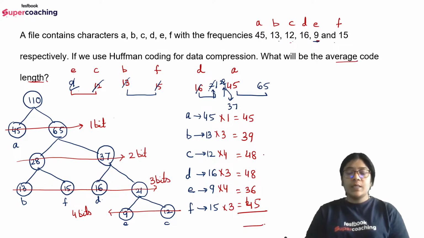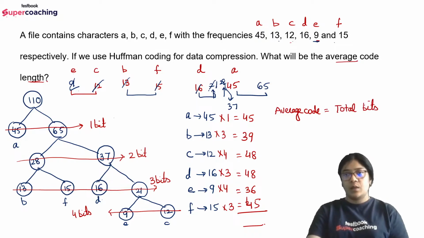So quickly tell me what average you are getting. We can find the average. The average code length will be total bits divided by total frequency.